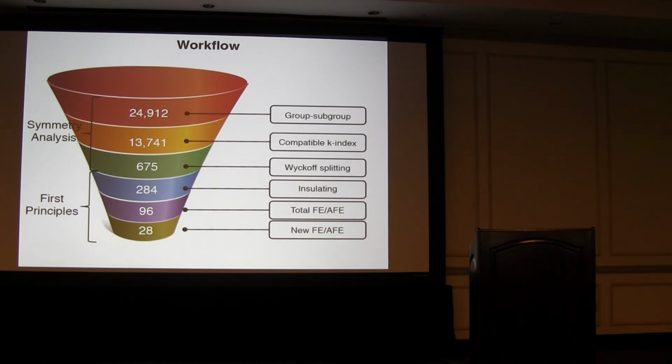You also need to make sure that the k-index is compatible. Compatible with what? With the group-subgroup relationship for the specific number of formula units that you have. Are you looking only for group-symmetry pairs which keep the same number of formula units? No. The unit cell can increase, but that increase cannot be any number. It has to follow some mathematical rules.